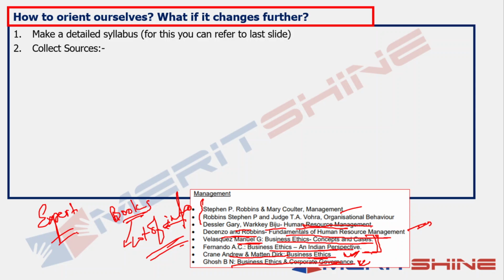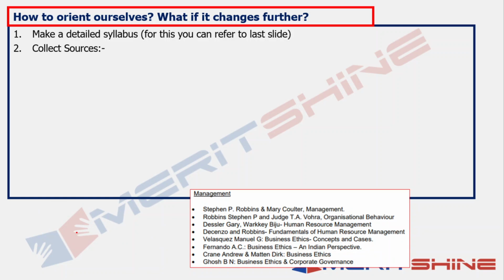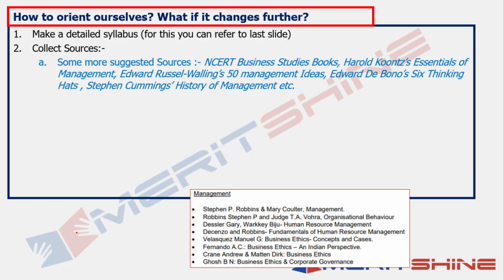That's one. Are these books enough? No. Apart from this, I have some suggestions for you which would definitely help you, and put together with the recommendations in the RBI Grade B notification, you would have a proper repository of content from which you can pick and choose and create your own notes.